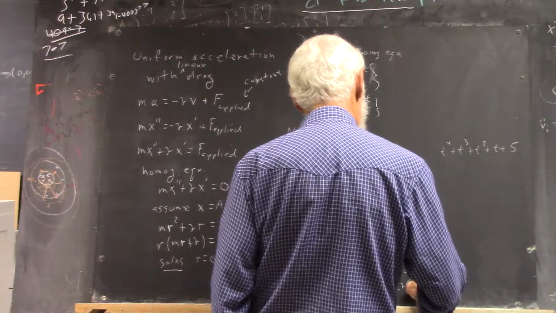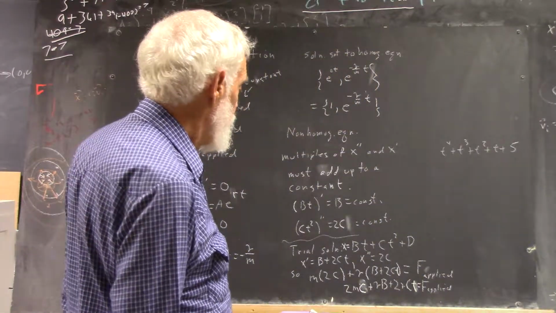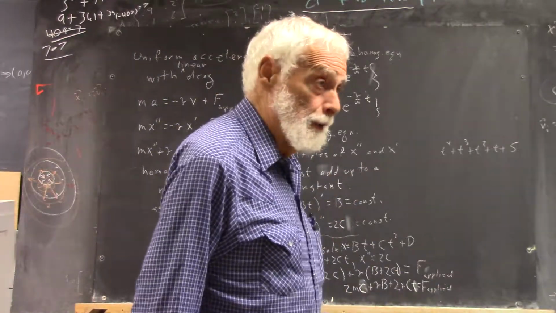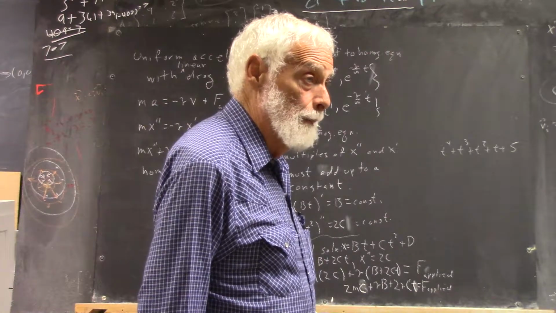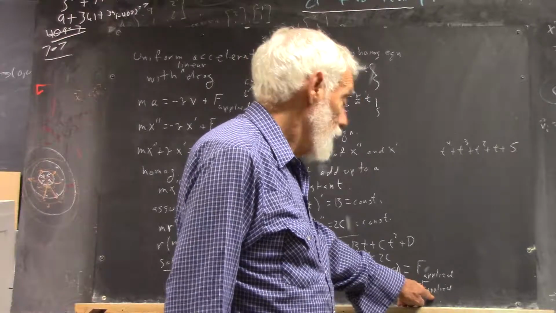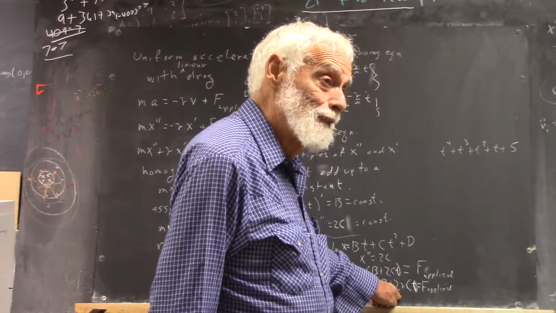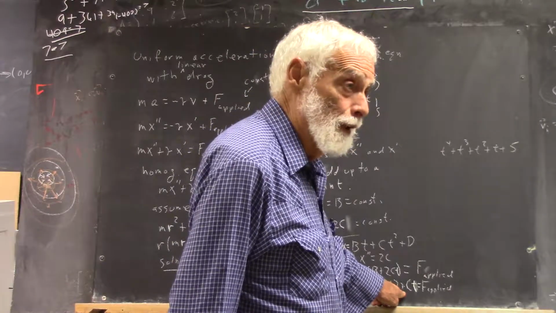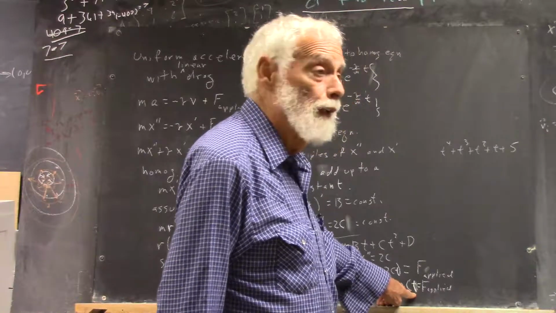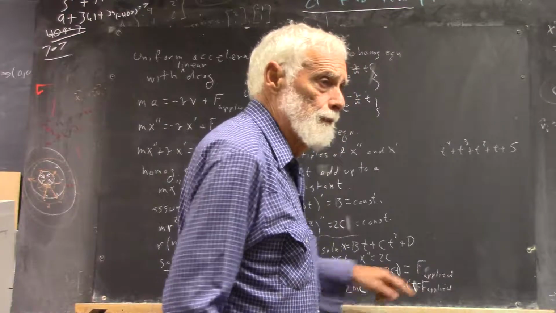I'm getting too many terms. Okay, well, it follows that this has to be true for all values of t. Okay? So whatever t is, this has to be a constant. Well, if t changes, this changes. So this coefficient has to be 0. If it wasn't 0, then different values of t would give you different numbers. It wouldn't be constant, okay?